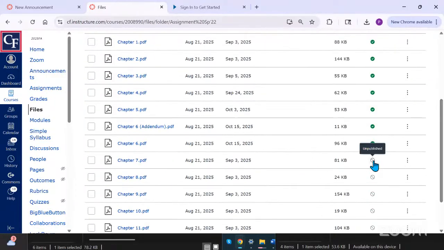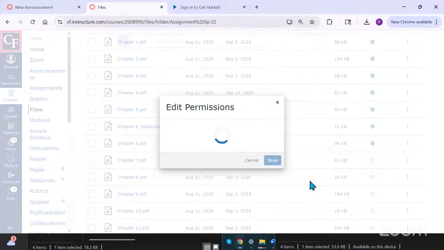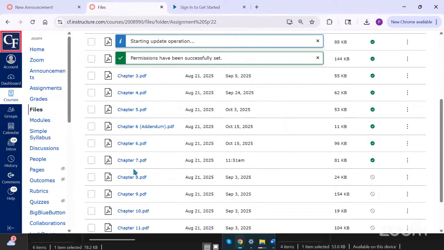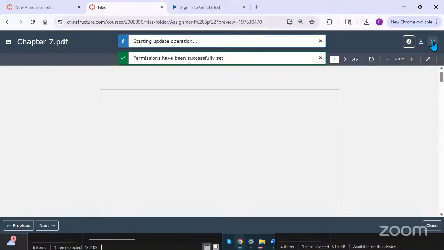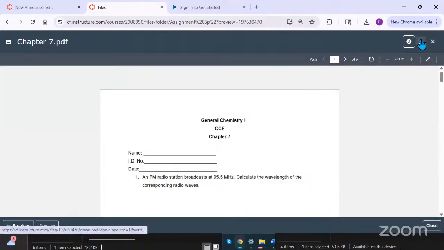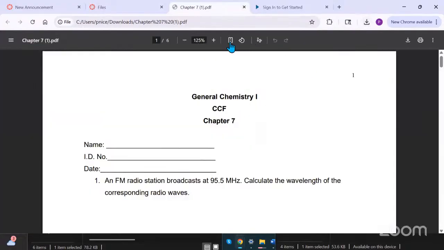And okay, so I'm going to publish this now. And let me open this up, because I think now we should be able to do some problems from this assignment.